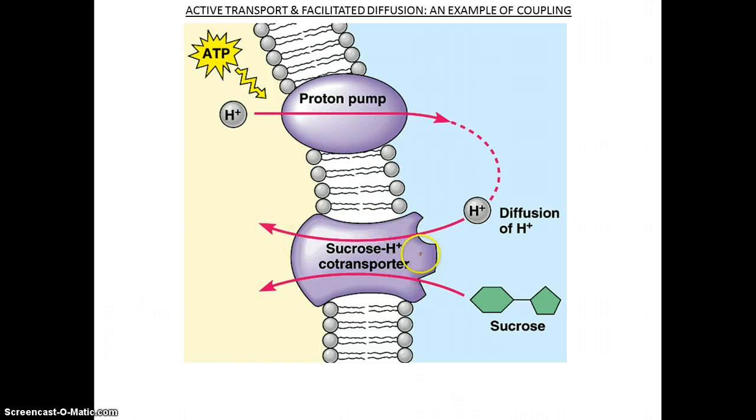So here we're not using ATP, but it's using the energy from hydrogen being diffused from high concentration to low concentration. So here's an example of coupling where this required energy, and then this released energy.